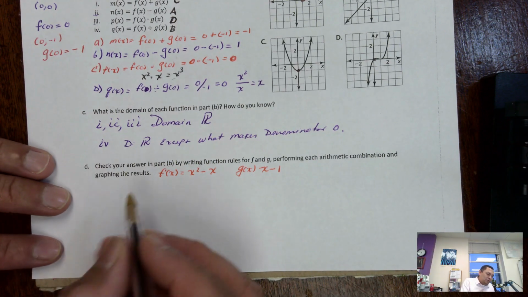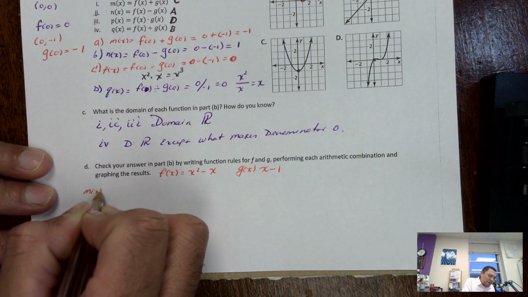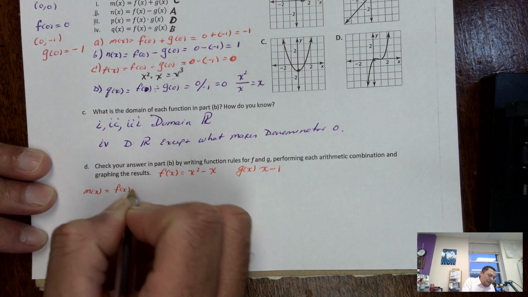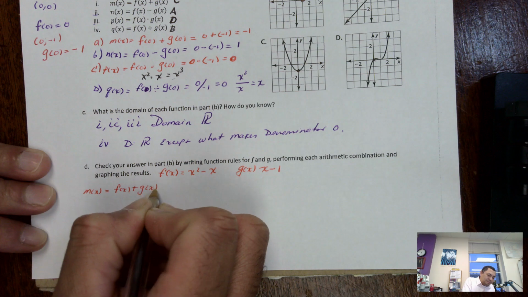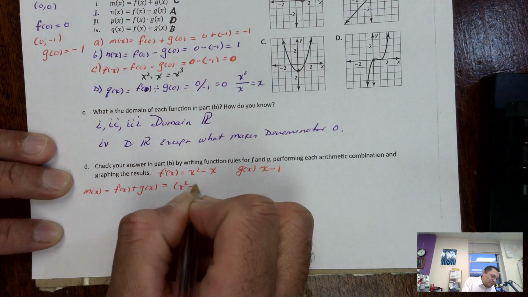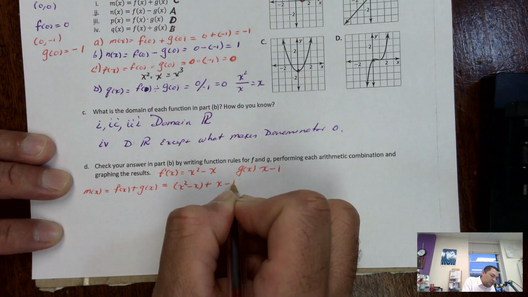So now I'm going to do m(x). Remember, m(x) is equal to f(x) plus g(x). So this is equal to x squared minus x plus x minus 1.